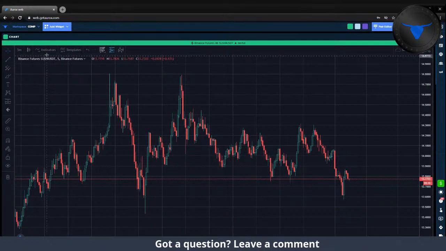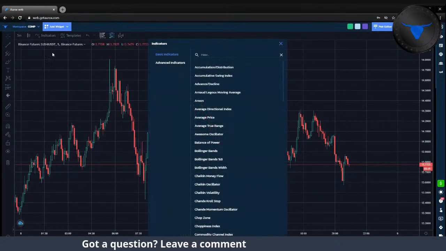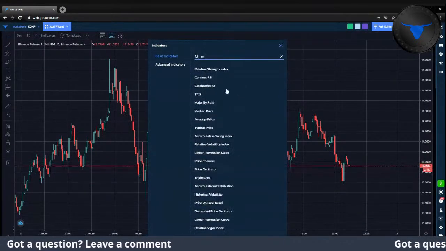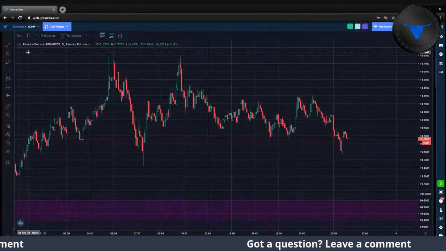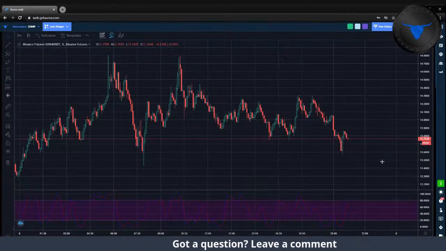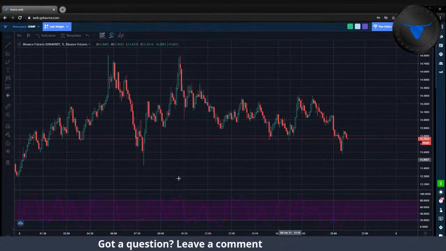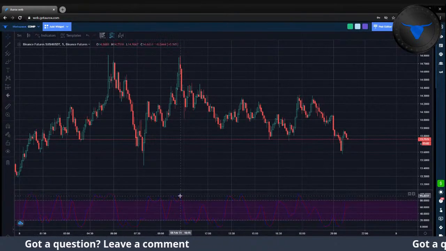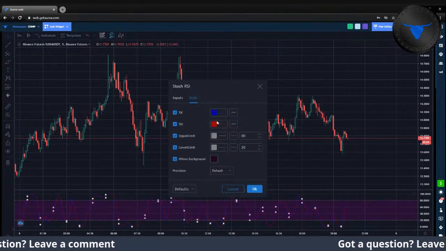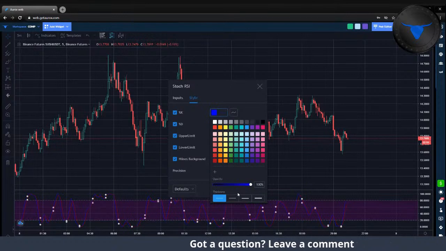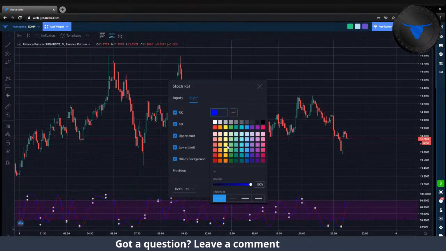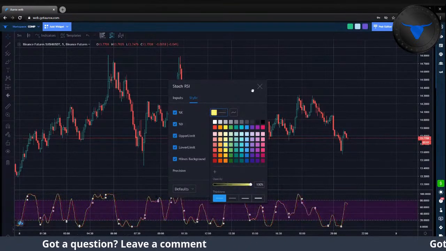I think the first thing I can talk about is probably the stochastic RSI. Can you guys see that indicator? Is my resolution okay? Can you make the settings on it a little brighter, like the actual lines and stuff? Yeah. So I can turn the opacity up, and maybe I can do yellow.